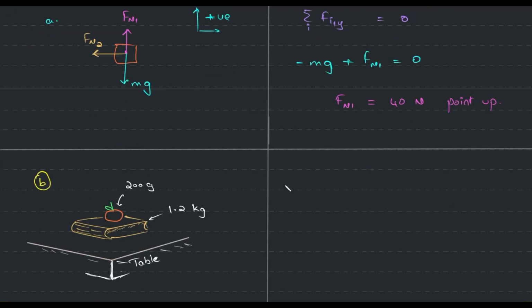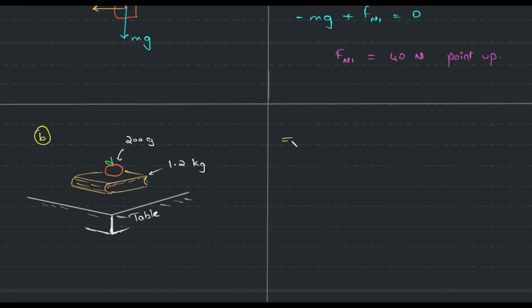Okay, let me actually continue here itself. Horizontal component. So here too the net force along the horizontal should be equal to 0 because there is no acceleration.